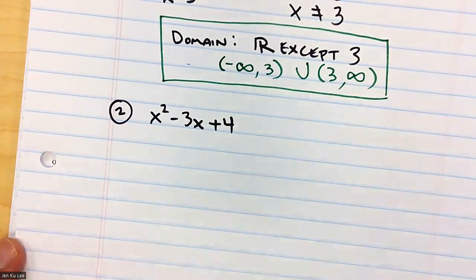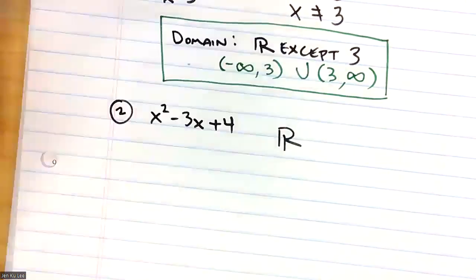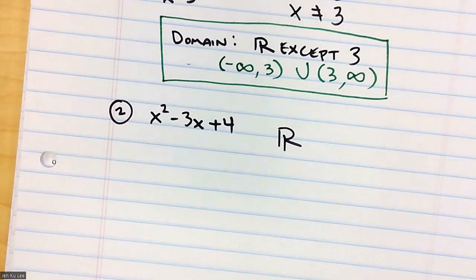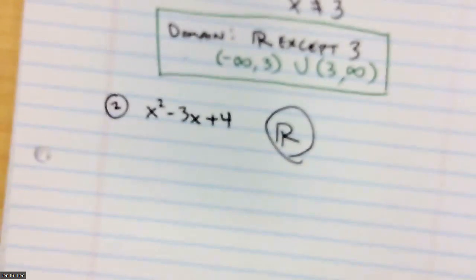No. Is there an x in the square root, or any even root? The square root is the symbol that looks like a check mark with a division bar. There's no square roots, so it's all real numbers. Make sense? All we're checking are those two scenarios.